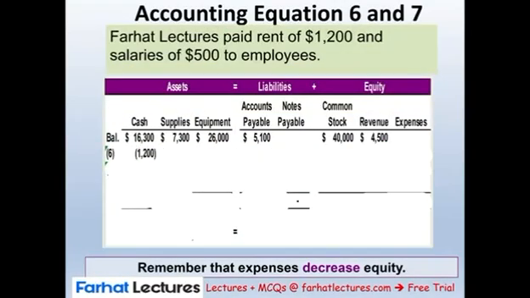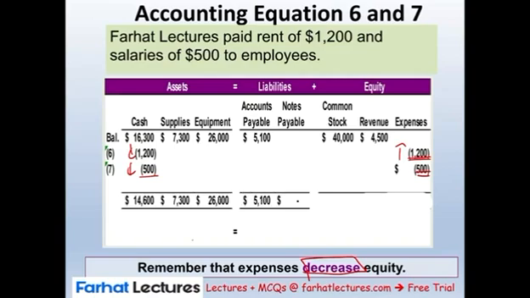From the accounting equation perspective, we have cash going down in total of 1,700, expenses going up. Remember, the parentheses is to reduce equity. Expenses as an account usually don't go down unless someone makes a mistake and they're refunding you the money because you paid for something in error.